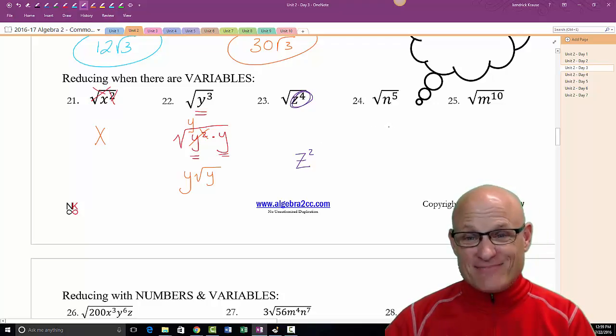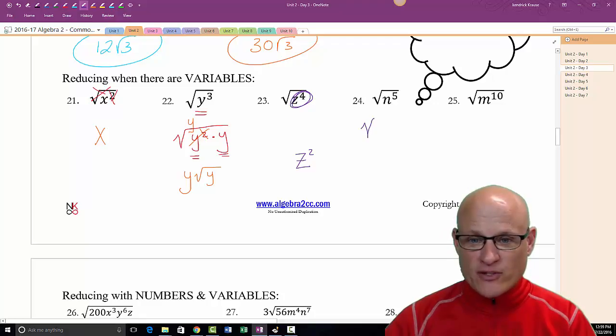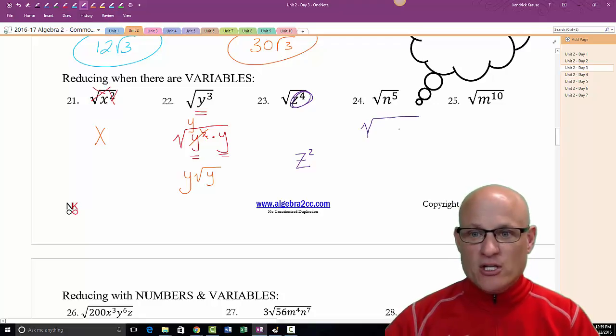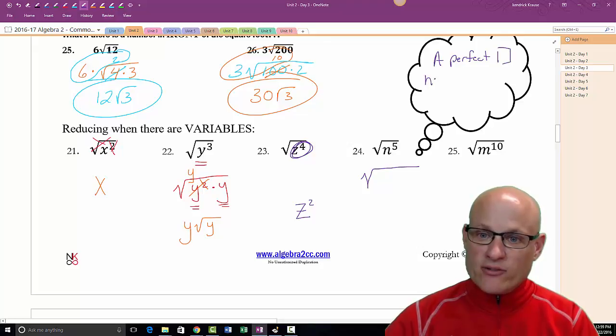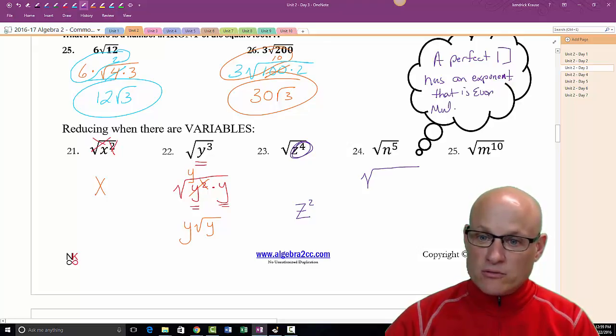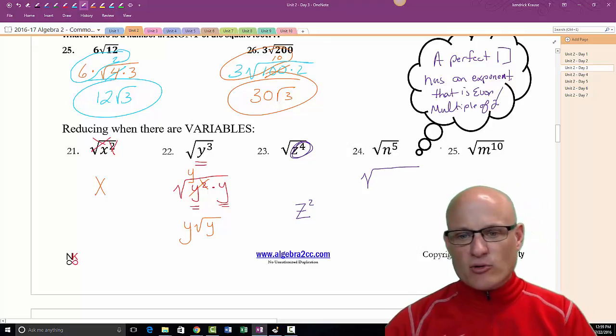Now n to the 5th, I'm going to rewrite this as a perfect square and not a perfect square. When you want a perfect square, it has an exponent that is even, or a multiple of 2.